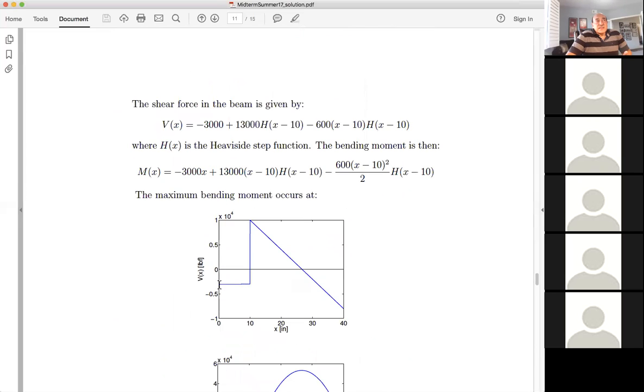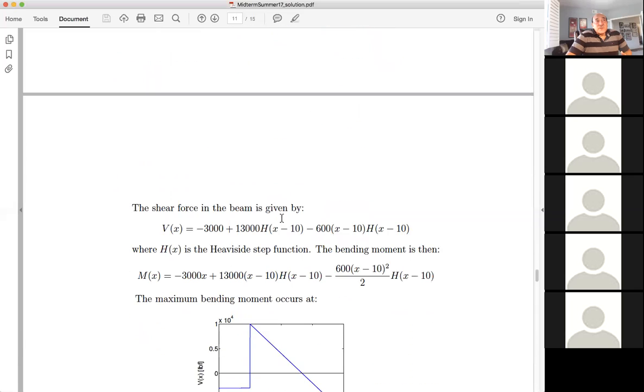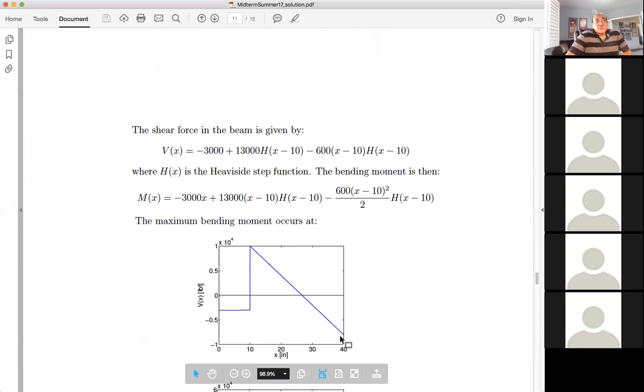It will be 3,000 down, and then boom, 1,300 up, and then as you add the little forces coming down, 600 pound-foot per inch, that's like a slope. So that slope of 600 will bring that number down to 0 at some point here, and negative at the end of the beam. So all of us, I would say, did that.